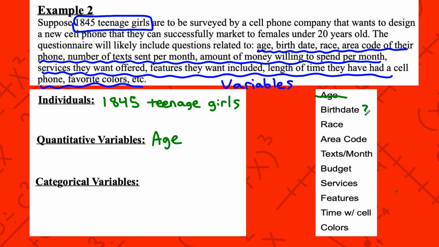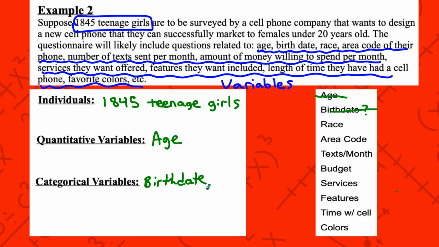Is it measuring something about the person, about their size or anything like that? The answer to that's no. So again, the rule of thumb is, would we go and grab the average birth date? And the answer to that would be no. So that one's a little weird. Plus, age and birth date, it's kind of the same question anyways. So I'll cross that one off.